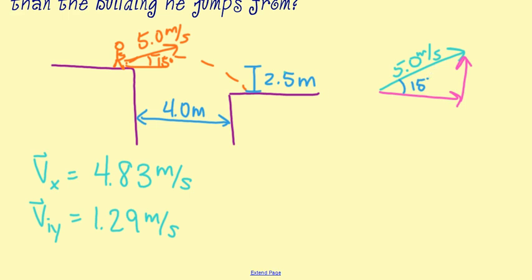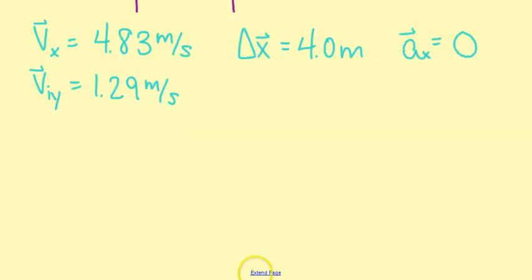Okay, so let's find out some of the other things we're given. That 4 meters, that's an x displacement. Delta x is 4 meters. And we know also that ax is equal to 0. In the y direction, we also know several things.